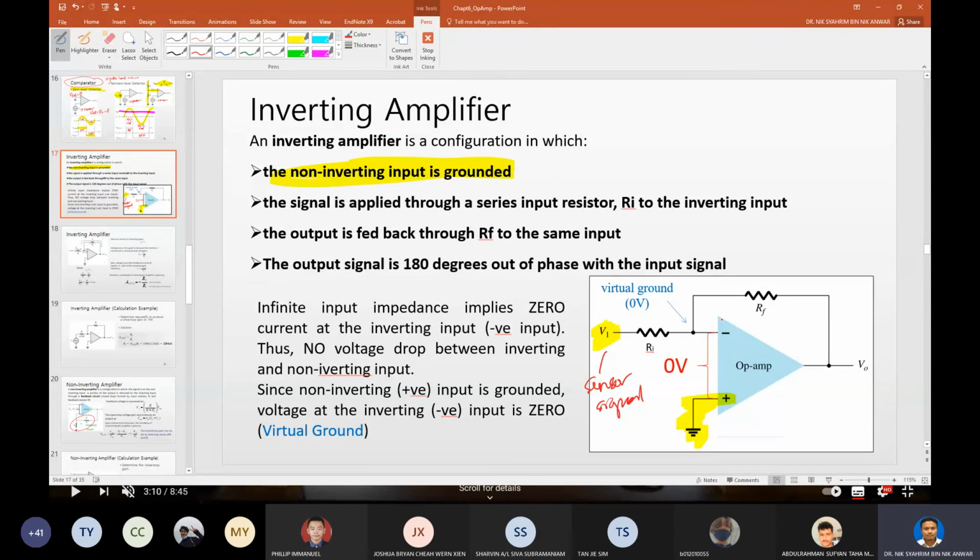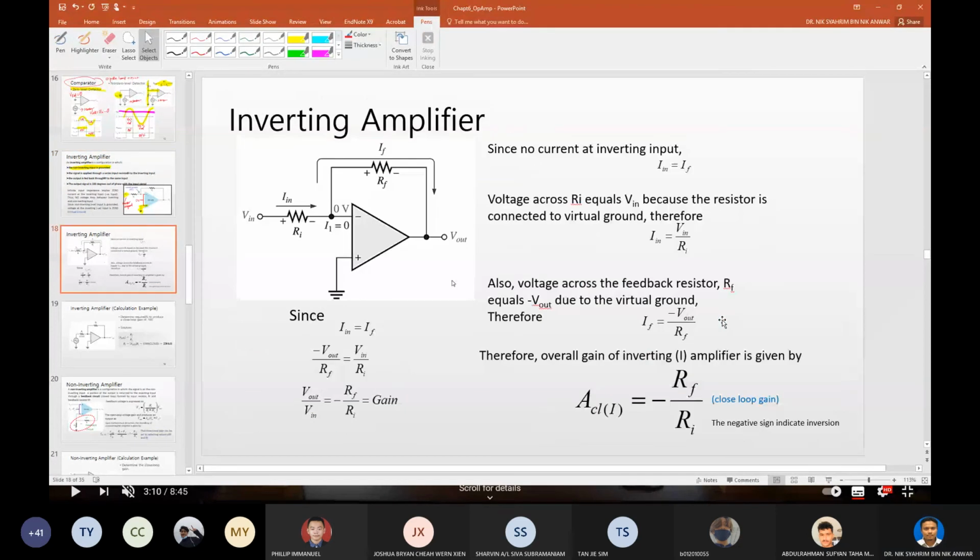In this condition, the gain is given by this formula here. Make sure you don't forget the negative sign. That's why it's called an inverting amplifier. So you have a negative for inverting.